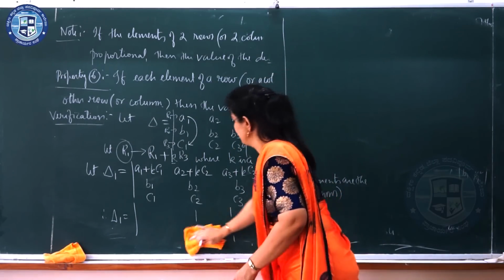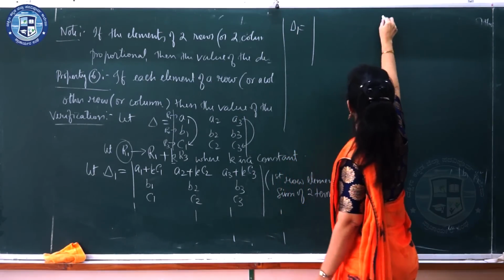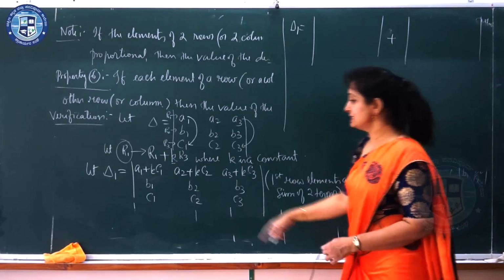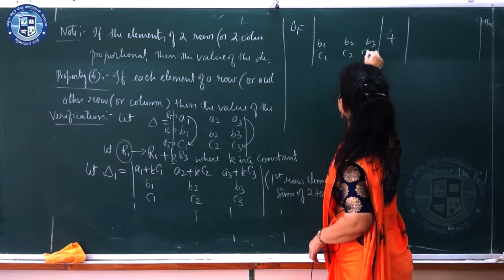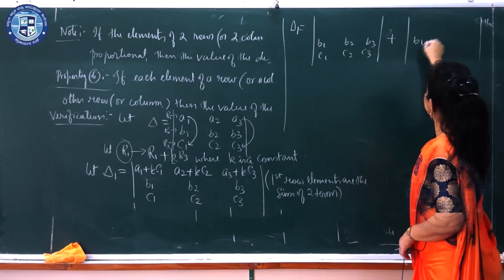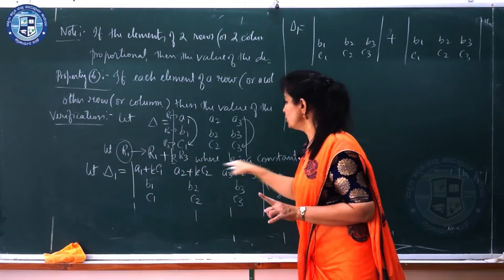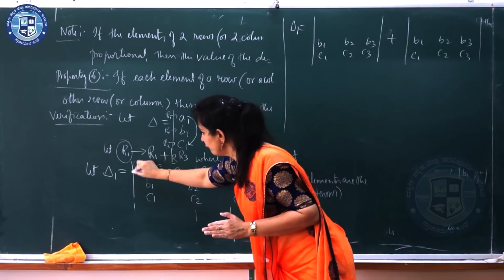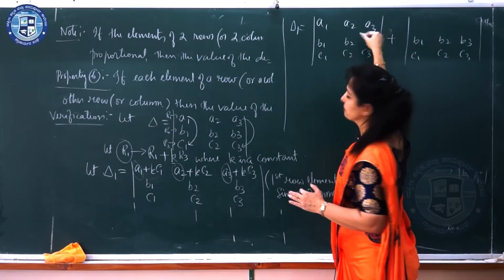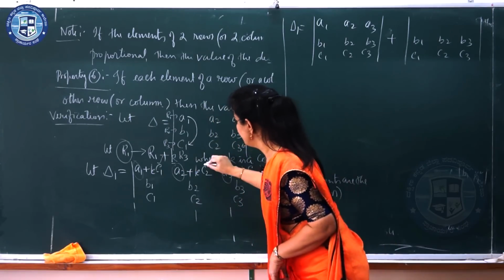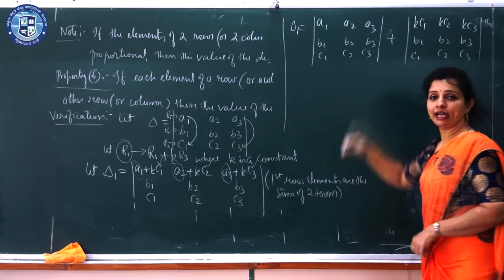Second and third rows remain the same in both: B1, B2, B3, C1, C2, C3.